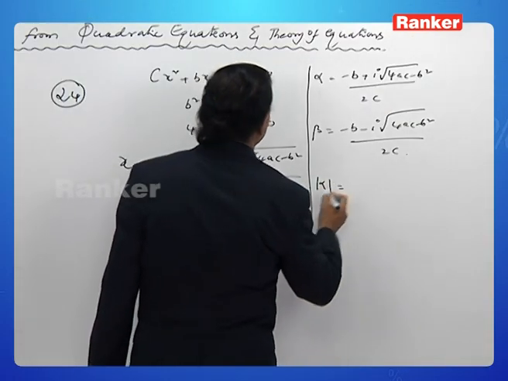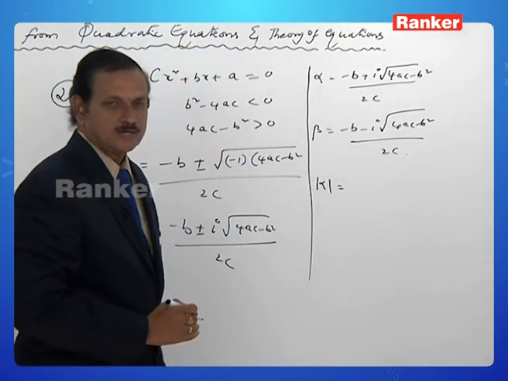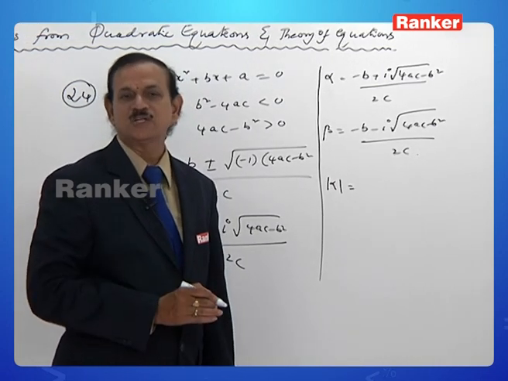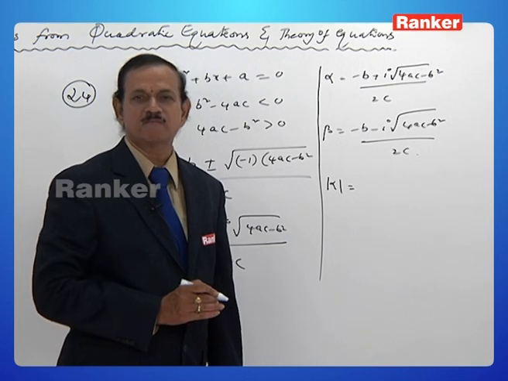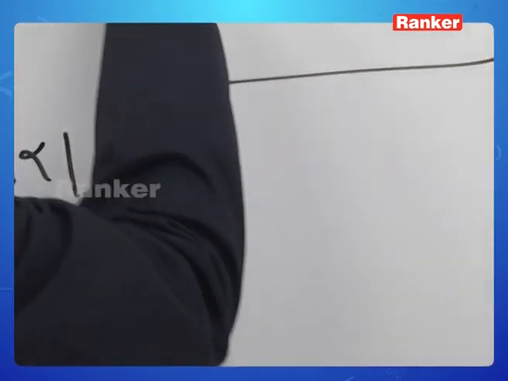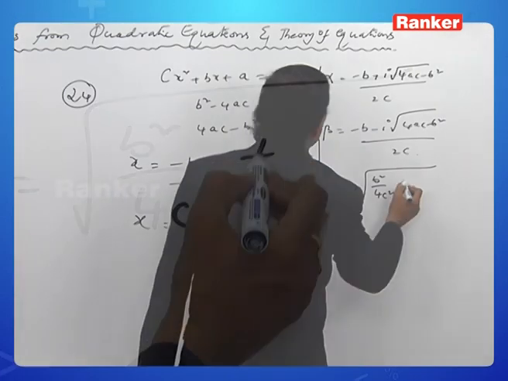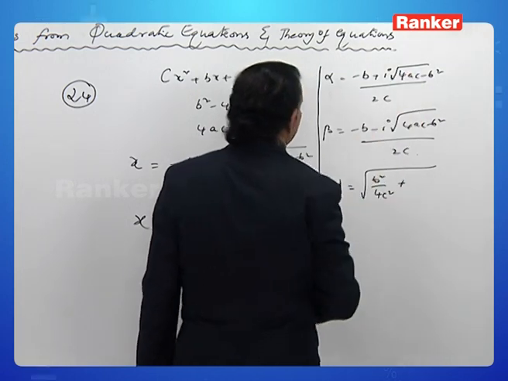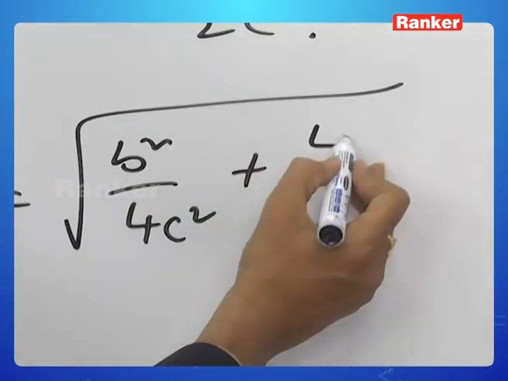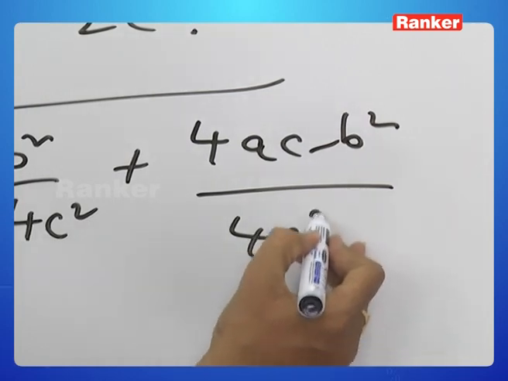We know that if alpha is equal to p + iq, then mod alpha is √(p² + q²). So it is the root of (b²/4c²) plus (4ac - b²)/4c².